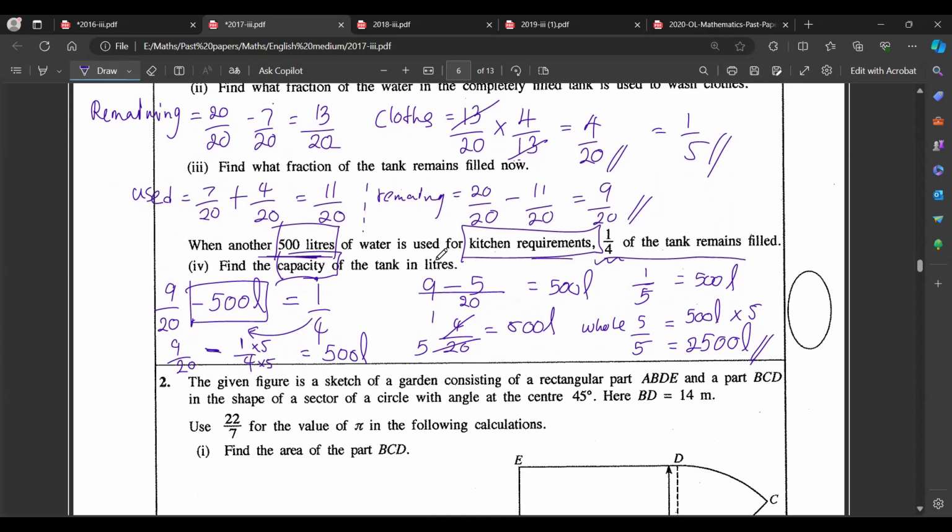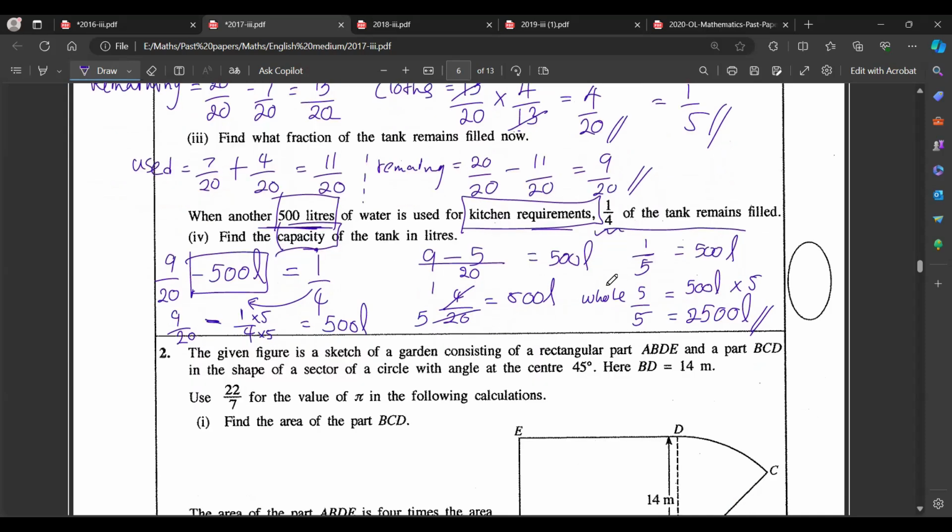So when another 500 liters is used for kitchen equipment, 1 over 4 of the tank remains. Now find the capacity of the tank. 9 out of 20 is remaining; after reducing 500, it is 1 over 4.